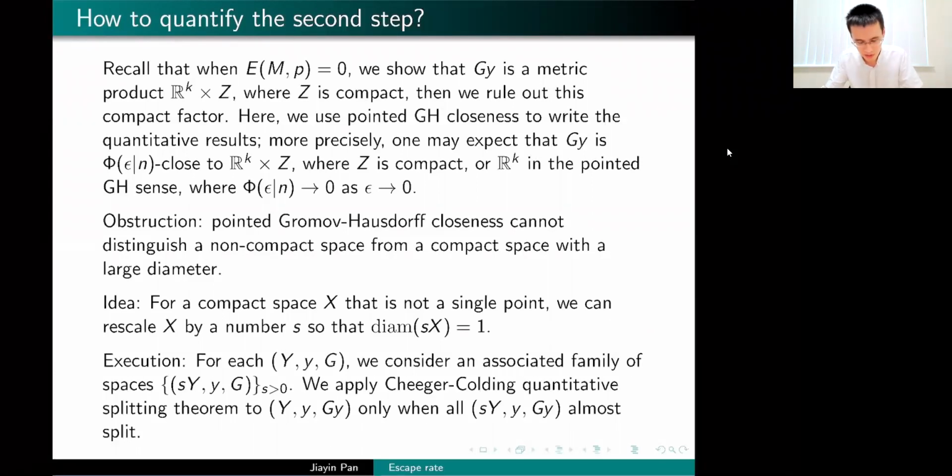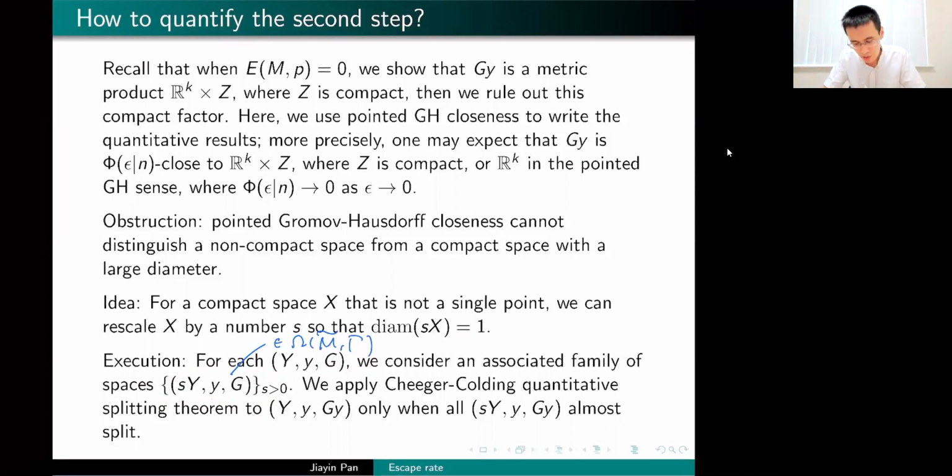So here is how to execute this idea. For every asymptotic cone (Y_∞, G_∞), instead of considering this asymptotic cone alone, we'll consider a family of spaces, s·Y_∞, all the scalings of this space. Every single one is an equivariant asymptotic cone at infinity.